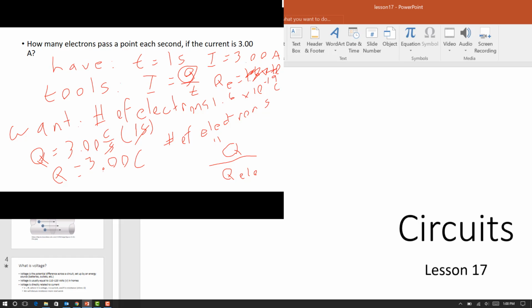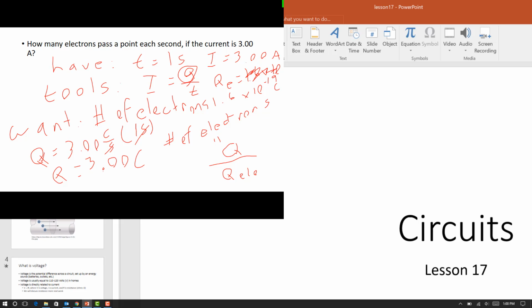And that's where we get what I was doing before of just converting straight from charge of an electron into the amount of electrons in a single coulomb. I didn't actually go through this process. I should have introduced that tool previously.